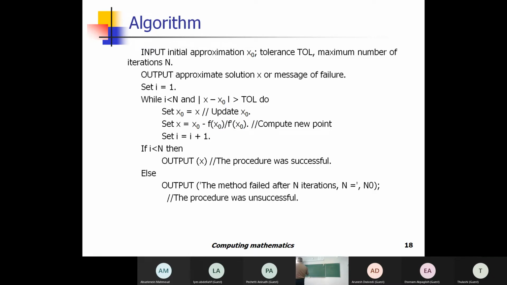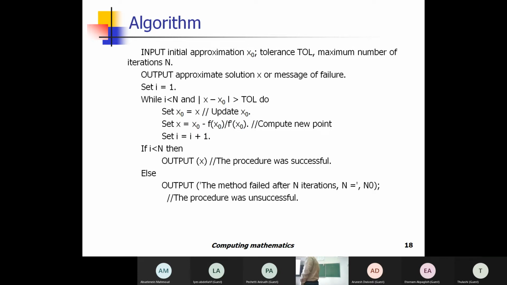We compute the next point: x is the next point, x0 is the current point. We update x0 and compute and update x using the formula x0 minus f of x0 over f prime of x0, and increase the counter.